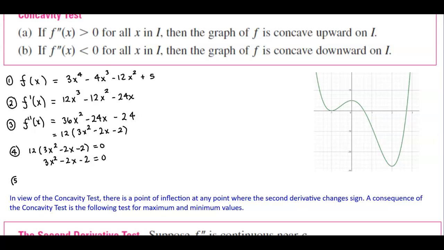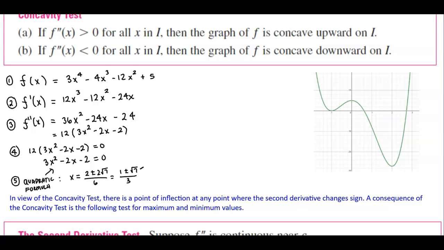And using the quadratic formula, we get the following values. We get x equal to 2 plus or minus 2 times the square root of 7 over 6, which then gives us 1 plus or minus the square root of 7 over 3.